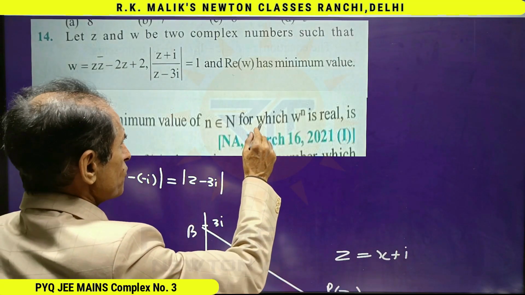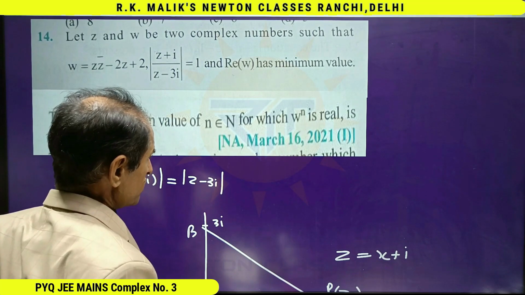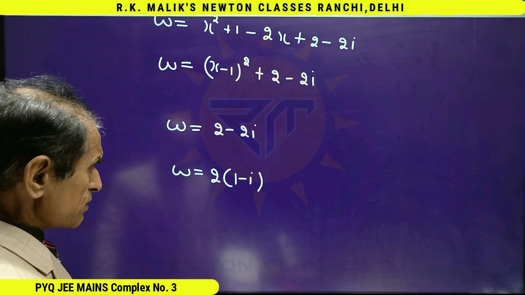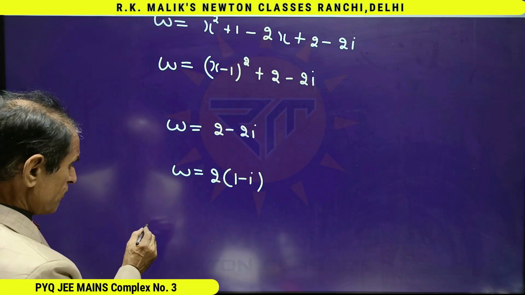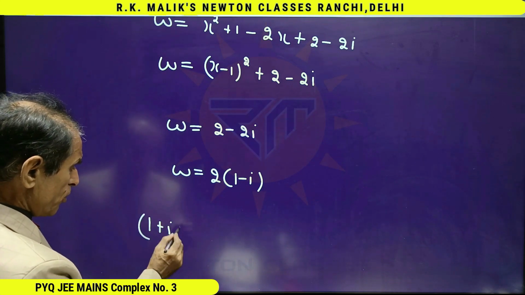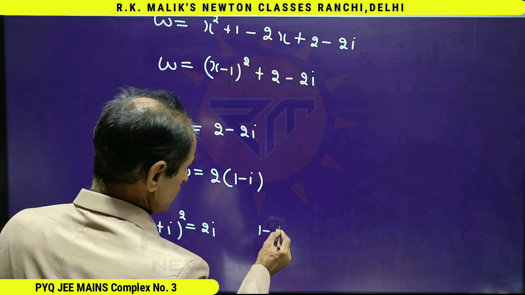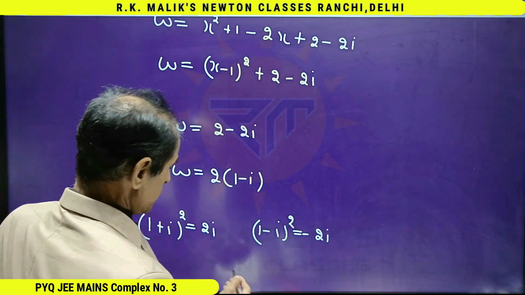And you have to find the minimum value of n so that w to the power n is real. And I have told many times in many lectures that it is very useful to know that (1 plus i) to the power 2 is 2i and (1 minus i) to the power 2 is minus 2i.